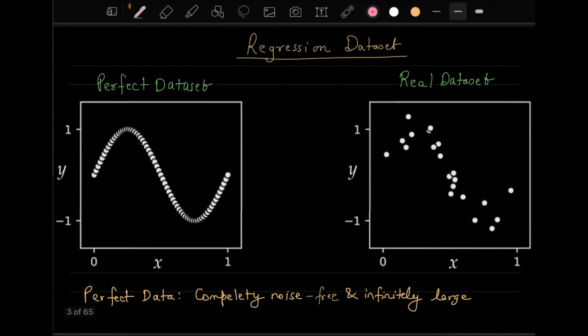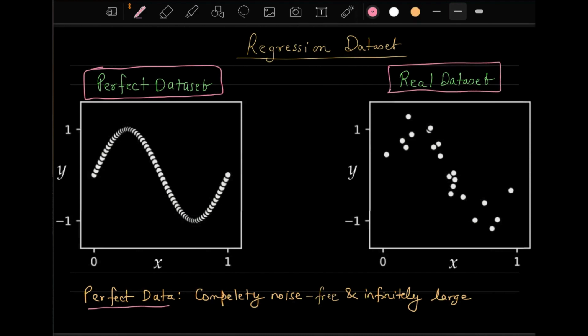So this is basically a typical regression data set that you normally encounter in machine learning tasks. But there are actually two data sets. One we call a perfect data set, and the second one we call a real data set. By perfect data set, I mean it's completely noise free, and it is infinitely large.